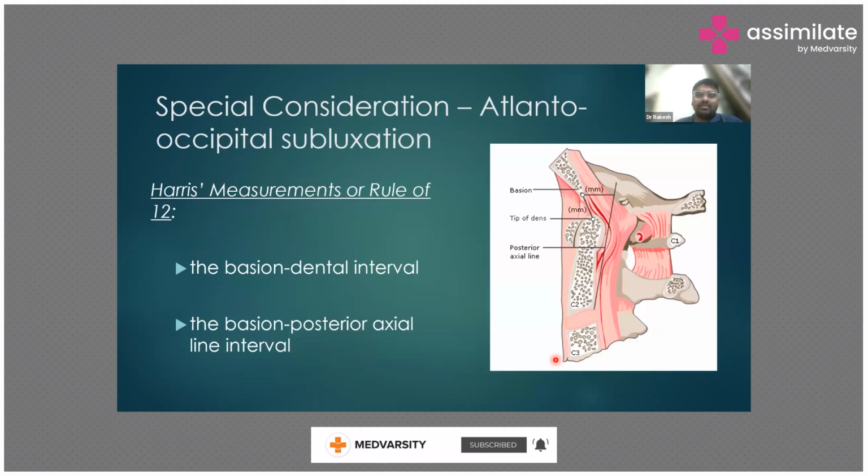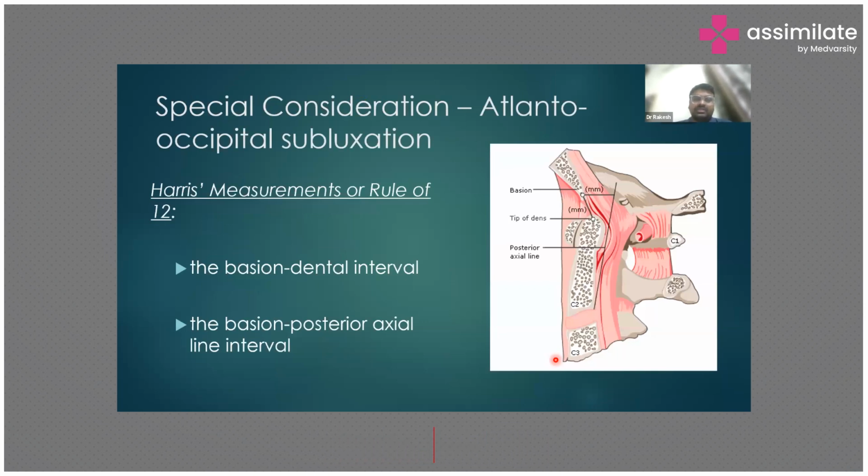Now, there is a special consideration in cases of atlanto-occipital subluxation, which is called the Harris rule of 12. The basion-dental interval: this is your basion and this is the tip of the dens. This basion-dental interval should be less than 12 millimeters.